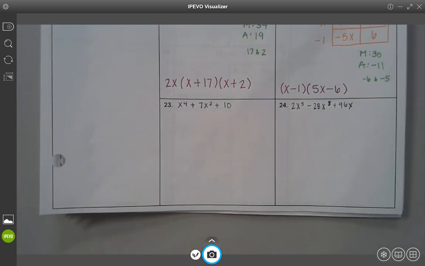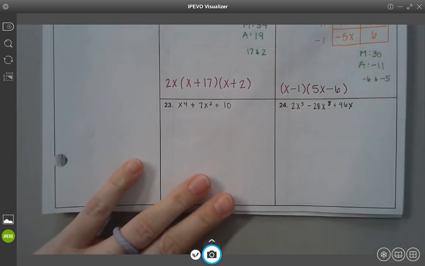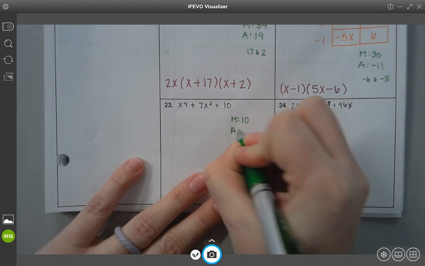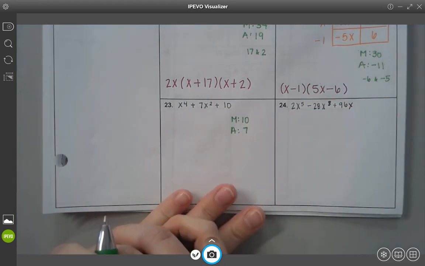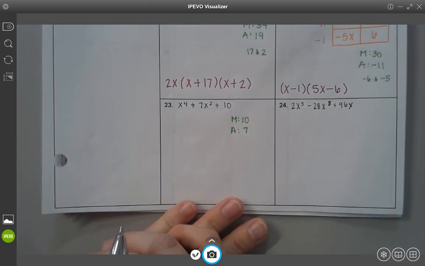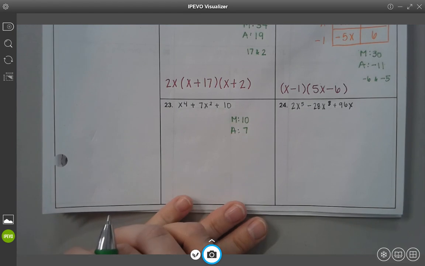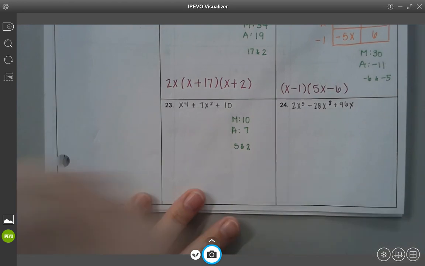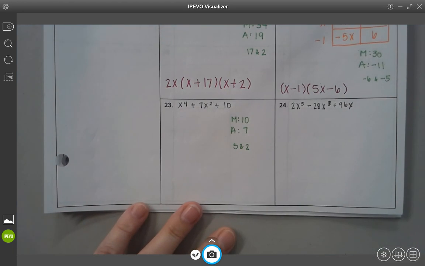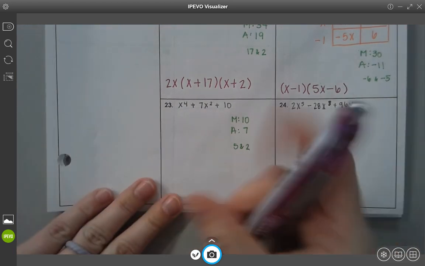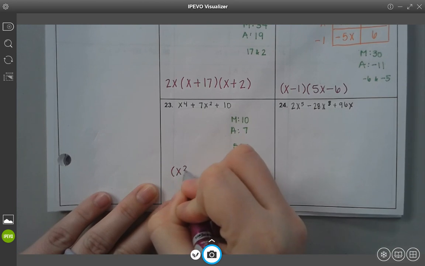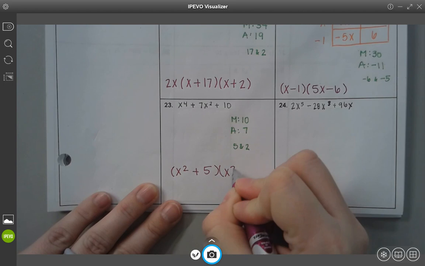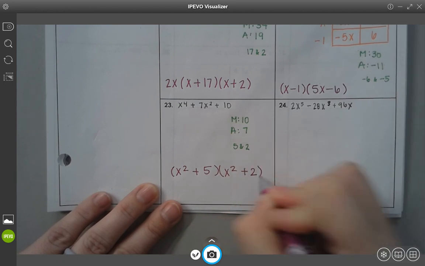All right, so when we're solving these, we're looking for two numbers that multiply to be 10 and add to be 7, which are what? 5 and 2. So our factors are going to be x squared plus 5, x squared plus 2.